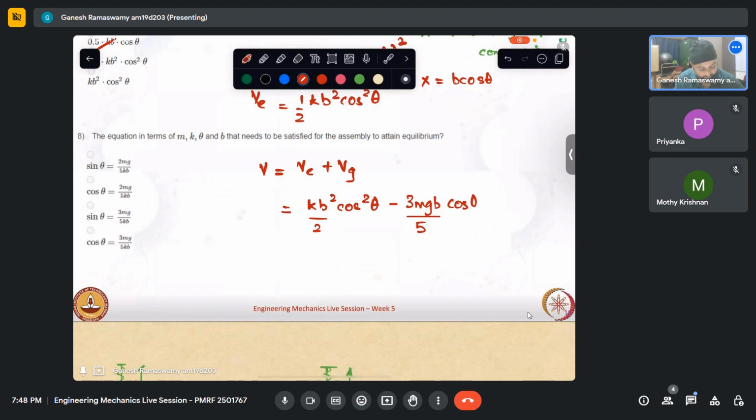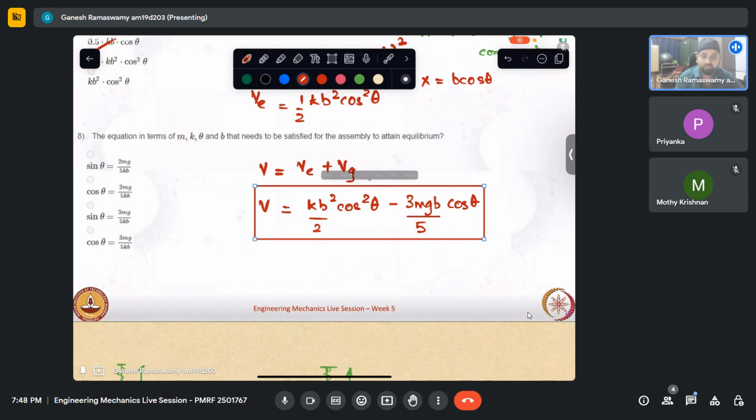Now we have written the entire expression for the potential energy of this system. If you remember, we solved a problem where the expression of V was given in terms of theta, where we found out maxima and minima. There we were given this expression. Here, we have actually derived this expression from the mechanics of the problem.